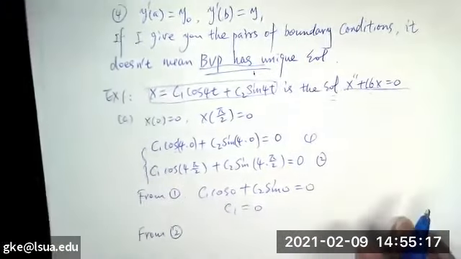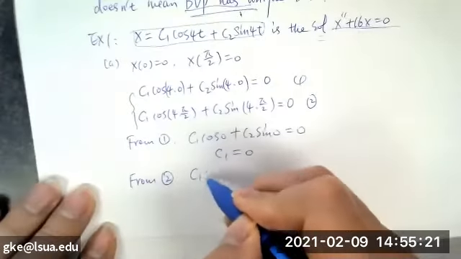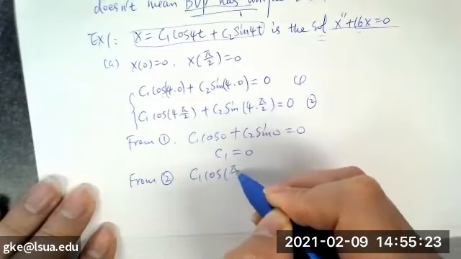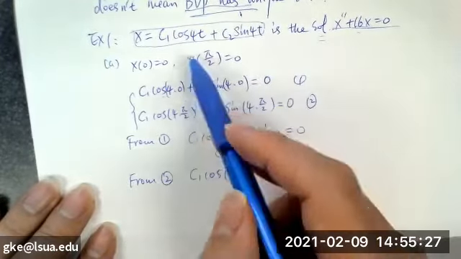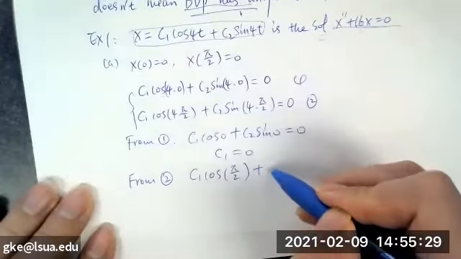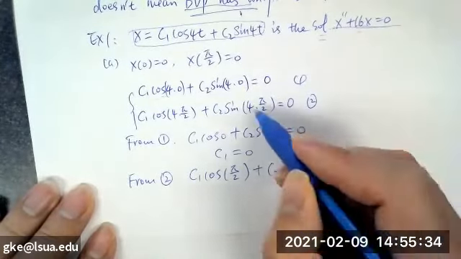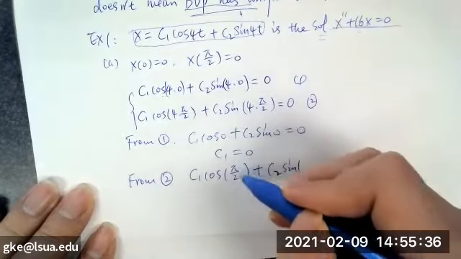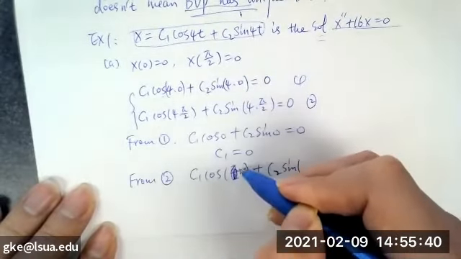Now, from condition 2, we can see that it is C1 cosine, sorry, it's not pi over 2. 4 times pi over 2, so it should be cosine 2 pi.